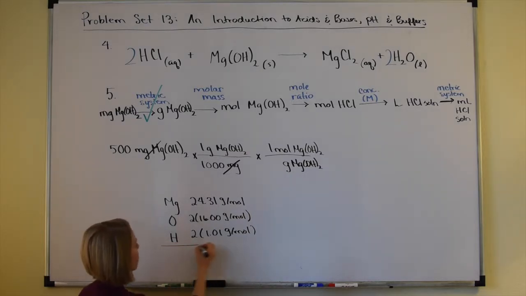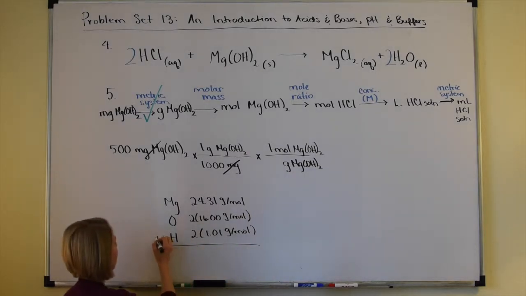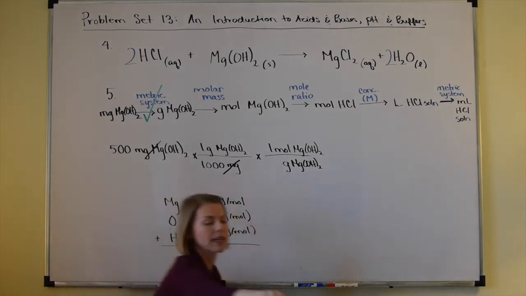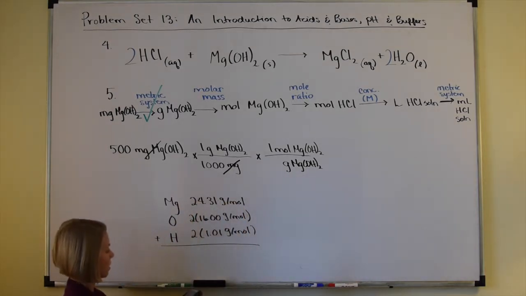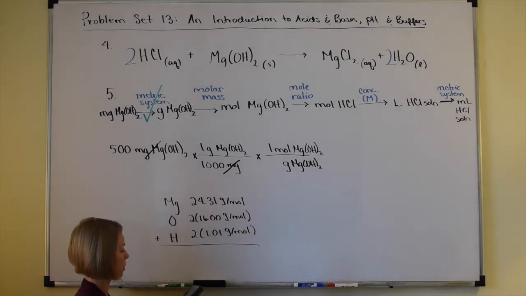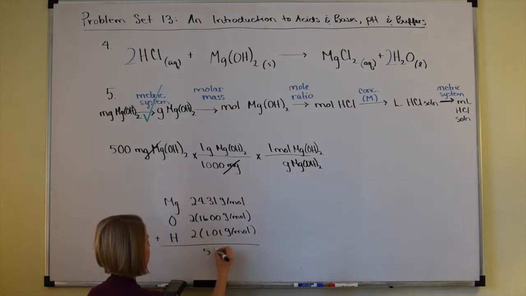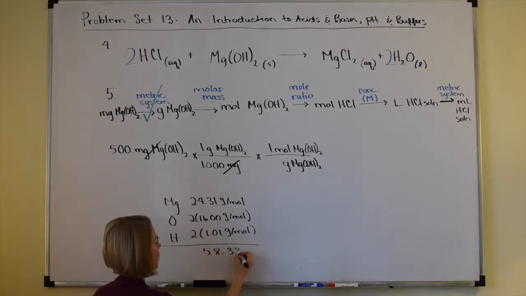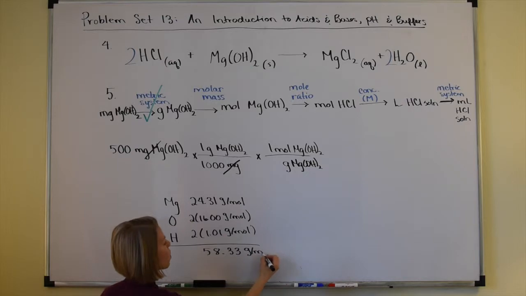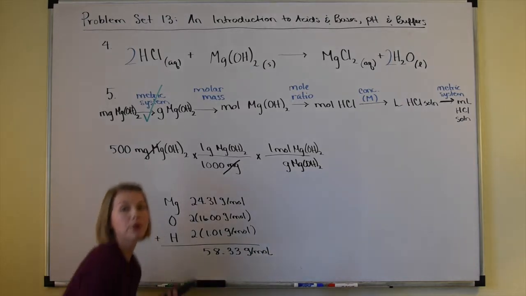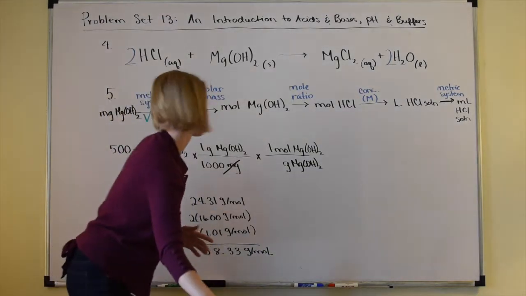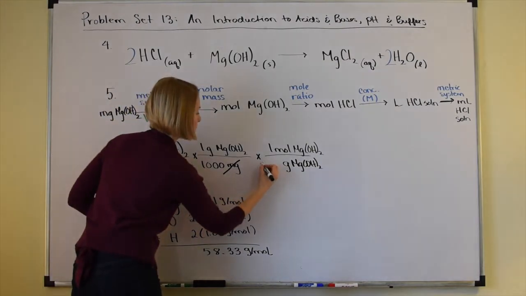All right, so add these up, and I'm going to do that with my calculator here. 24.31, 2.02. I get 58.33 grams per mole. So this is a number that I'm going to plug in right here for the molar mass.